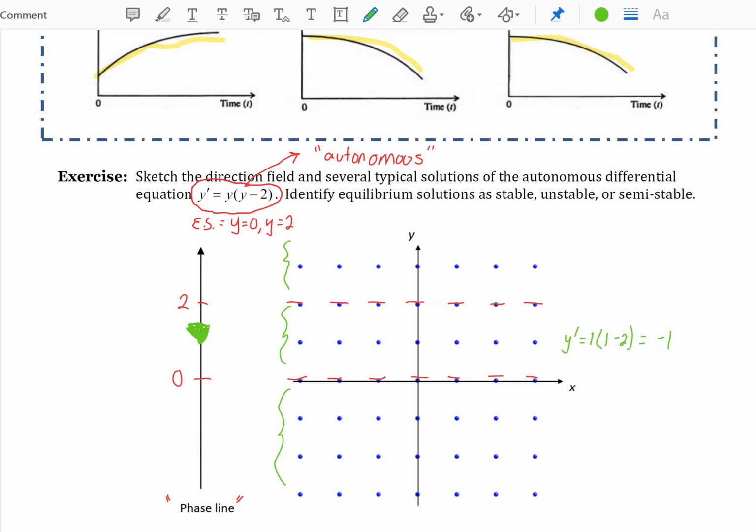Similarly, anything along the line y equals 3, your slopes would be 3 times 3 minus 2, and this would be 3. And I don't really care as much that it's 3 as it's always going to be positive.